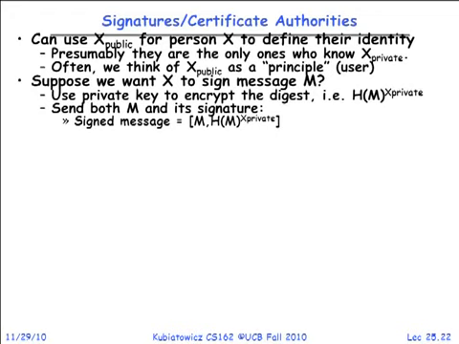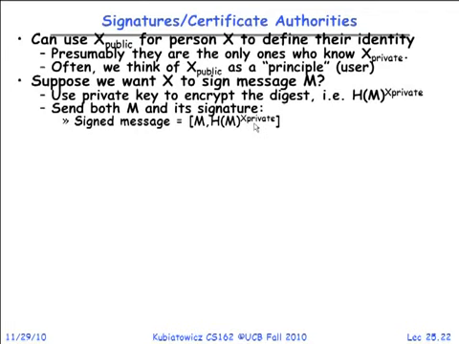Use your public key to get the hash back, and then they can hash the message. Exactly. Assuming that you know X public securely, which I still haven't told you the answer to, I can decrypt and get H of M, and I can rerun H of M, and if the two match, then I know this must have been signed, because only the owner of X private could have produced this signature.